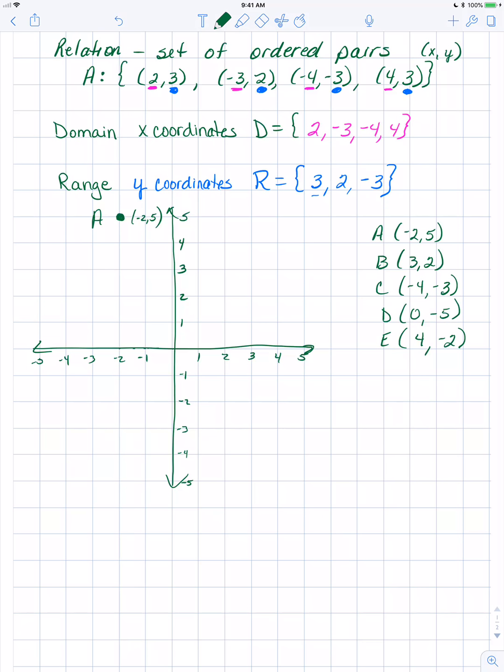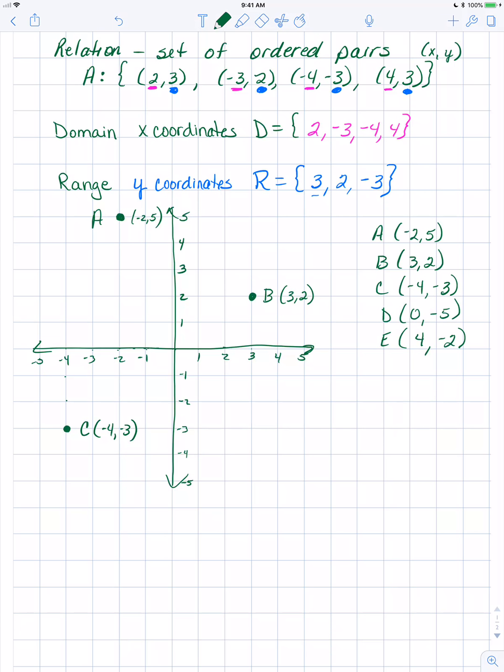B is at 3, so we're going to go over 3 units on the x-axis, and then up 2 on the y-axis. So that is point B, 3, 2. C then is at -4, so -4 units on the x-axis, and down 3 units on the y-axis, and so that is point C, -4, -3.